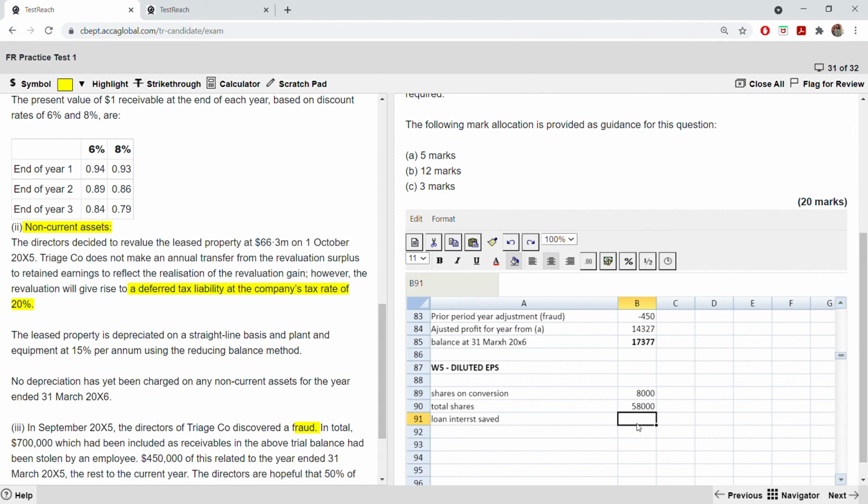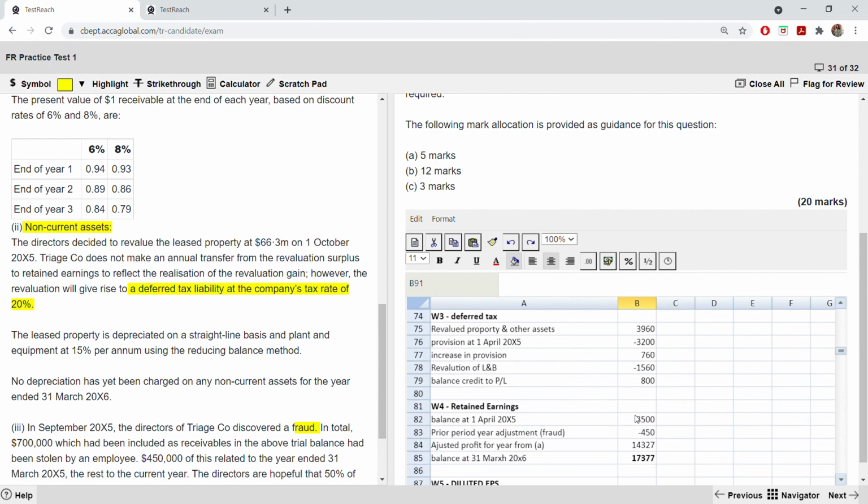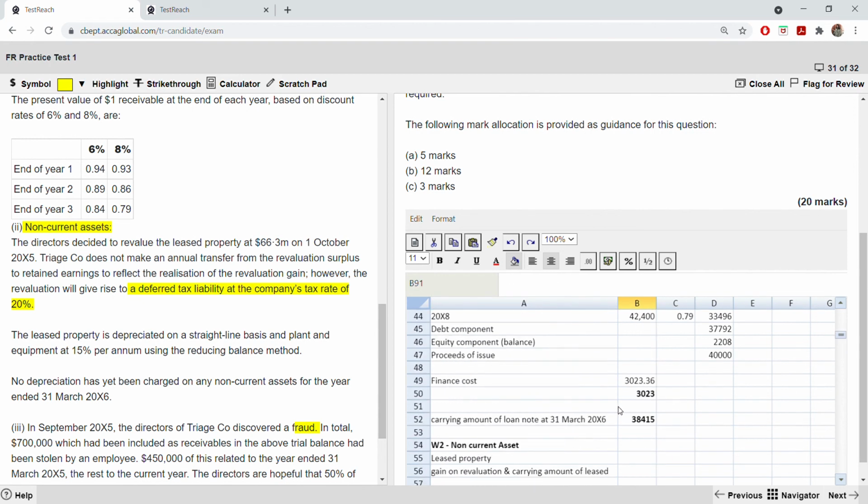It is very simple. What was the tax rate? Because we know interest is tax deductible, so you have to take it after tax. Loan interest saved after tax, definitely is always after tax. So the tax rate is 20%. And what was the loan interest? You have to go to your working one for this. If you see the finance cost, this was the interest. So now you're going to save on this interest.